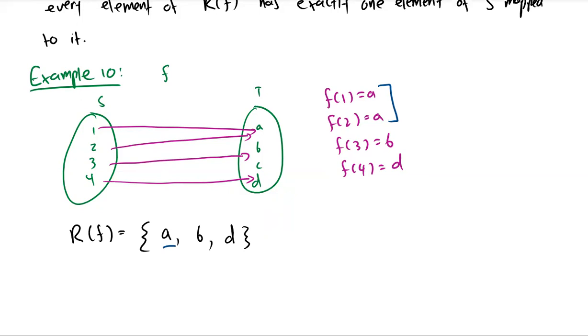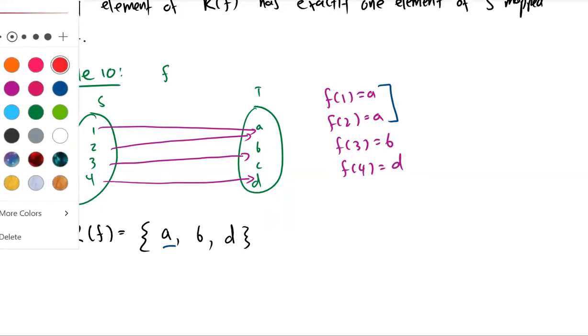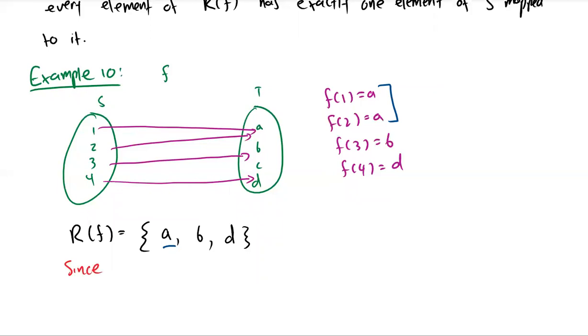So, since A has more than one element mapped to it, this function is not one-to-one.